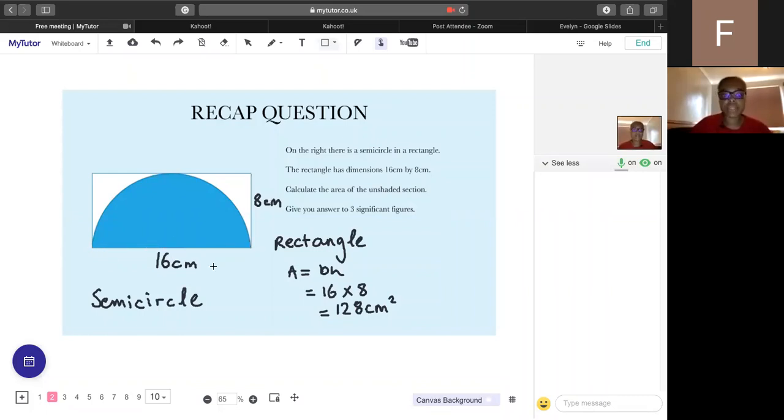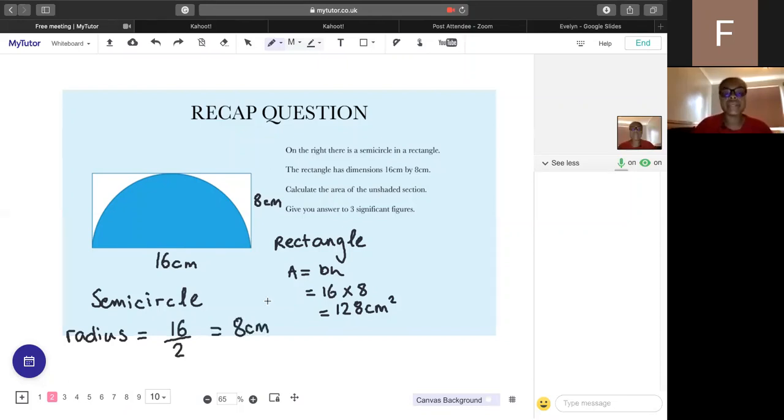So we can use 16 as our diameter, which means our radius, remember, is half of our diameter. To get our radius, we need to do 16 divided by 2, which is 8 centimeters.